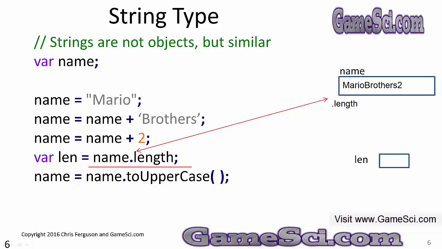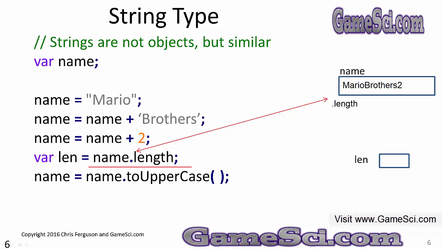But technically it's not. What I'm going to do is go to the name variable, and I'm going to access what's called the length property. So I'm basically going to ask the name variable, how many characters do you have? Count the number of characters. M-A-R-I, that's characters. How many characters are in this string?